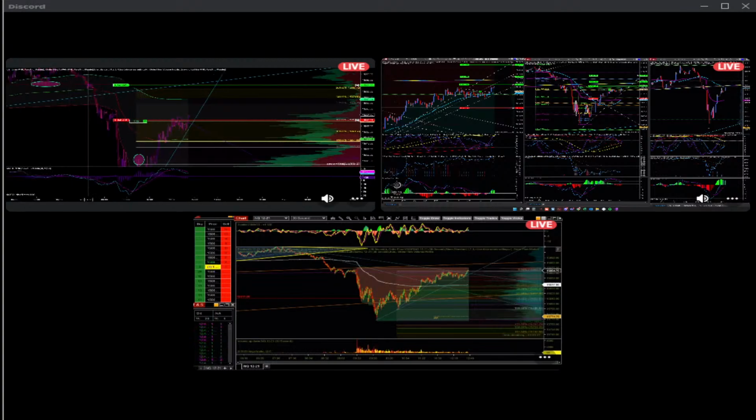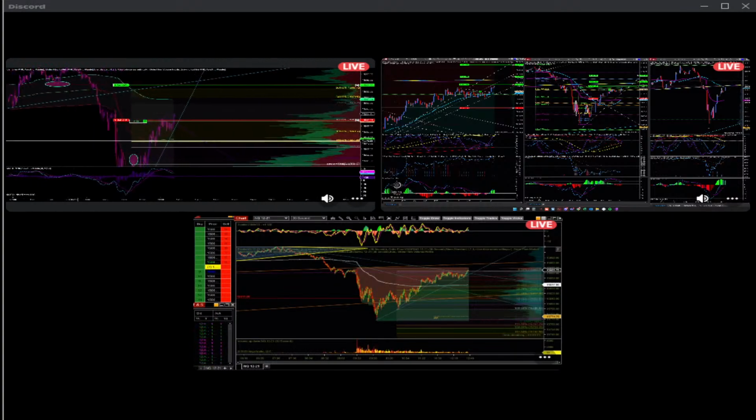Yeah, now it's above the purple trend line. Damn it. Damn it, Doyle.